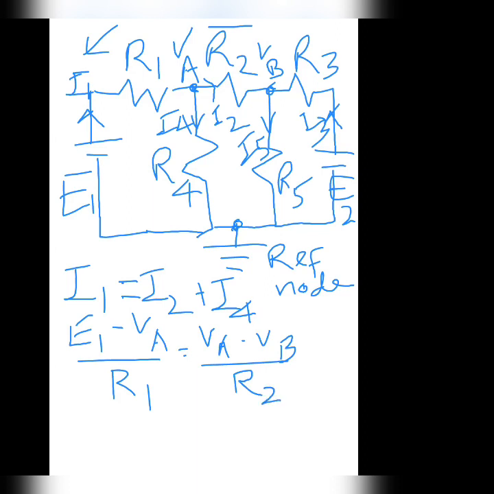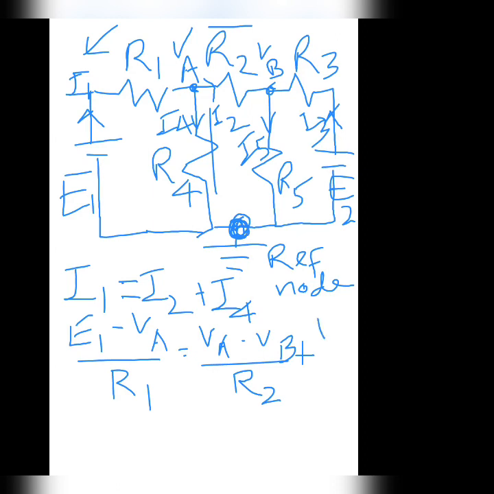Okay, and third part is I4. So here what is happening? So this is the I4 current which is flowing in this branch. Okay, so this is VA terminal and reference is at zero potential.